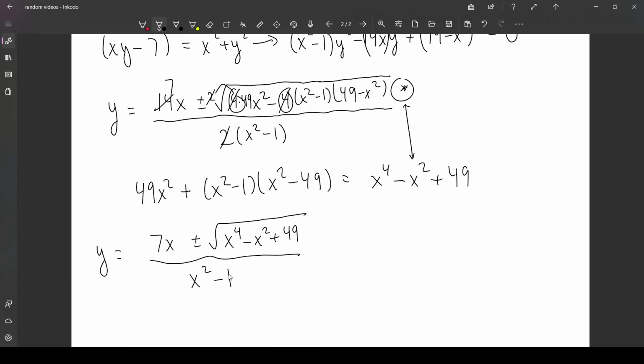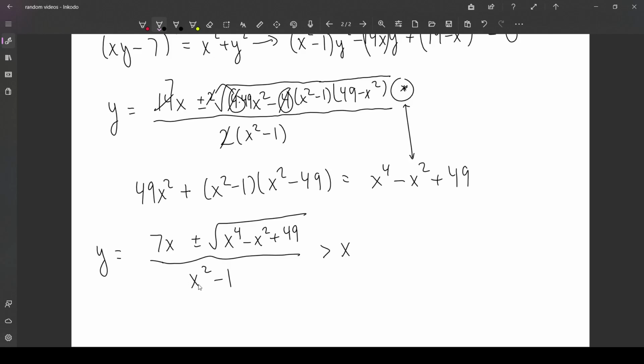Okay. And now what we're going to do is use the fact that this is greater than x, right? Because this is equal to y, and we know that y is greater than x. That's what we assumed.